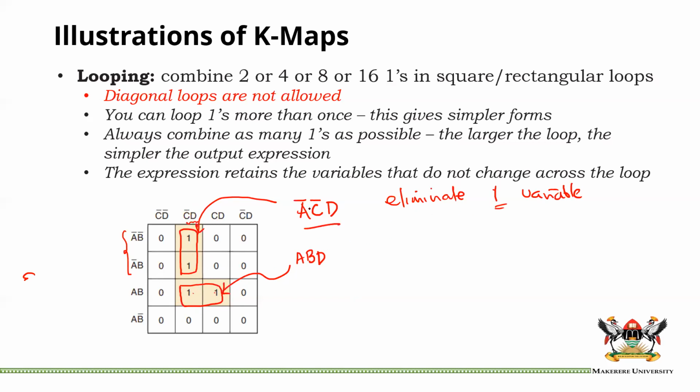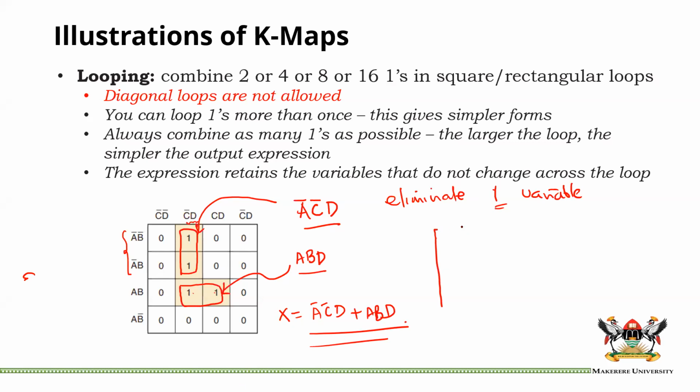In this case, we've eliminated B. In this case, we've eliminated C. And our statement becomes X is equal to A inverse C inverse D or A, B, D. And this is the simplest statement. You cannot have a simpler statement.